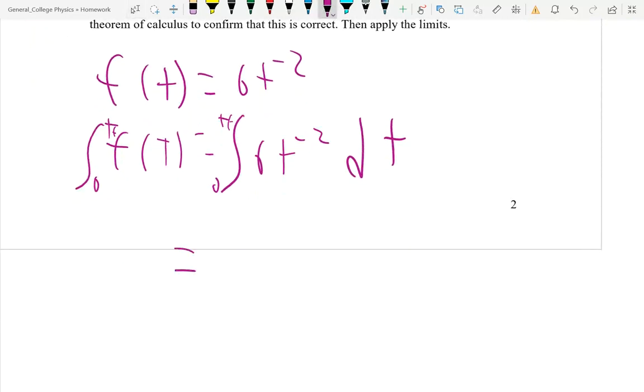So that means it will be equal to 6 t to the minus 2 plus 1, over the new power.